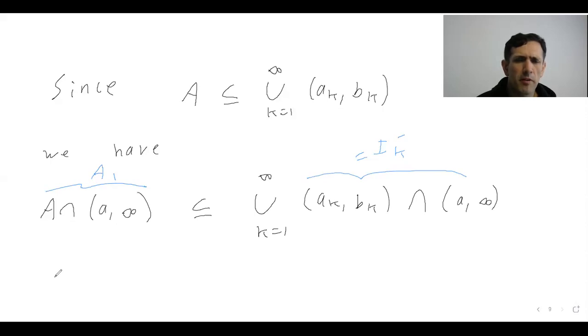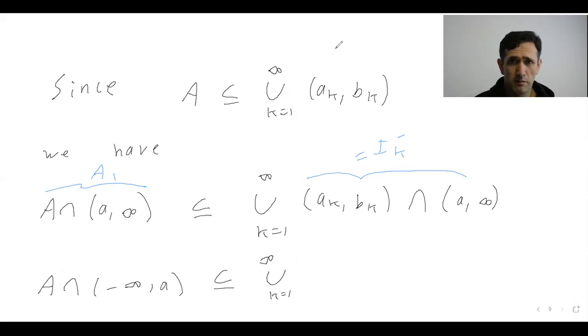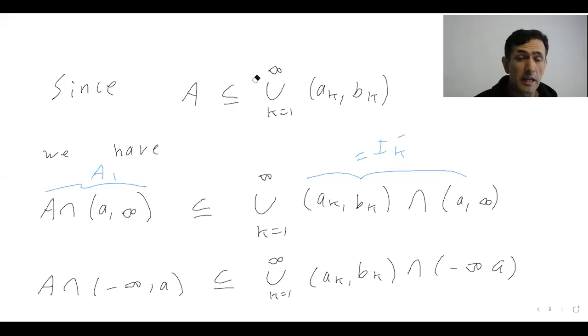Right, do the same thing, but from minus infinity to A. This is a subset of the same thing, but with minus infinity to A. AK, BK intersect minus infinity to A, which again is IK second prime.